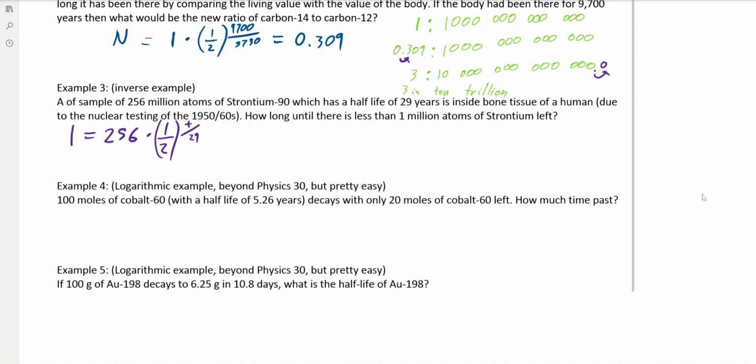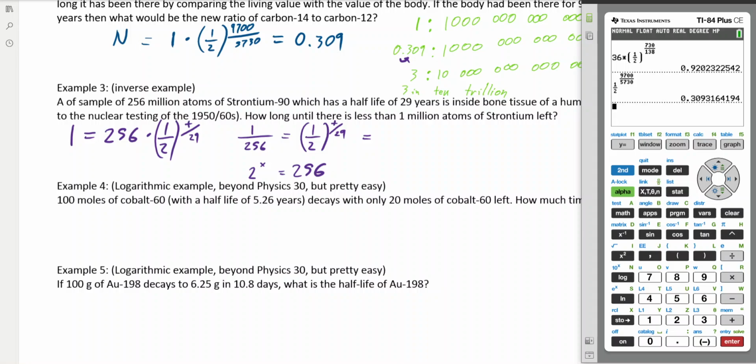Well, we can solve this by hand. I don't think this would be required by Physics 30, but technically maybe it could be. 256 is a multiple of 2, so we just have to figure out by kind of induction, 2 to the exponent what is 256.